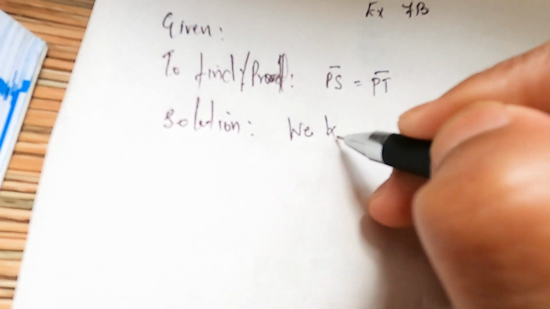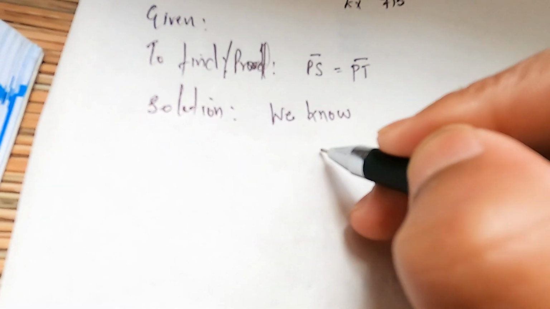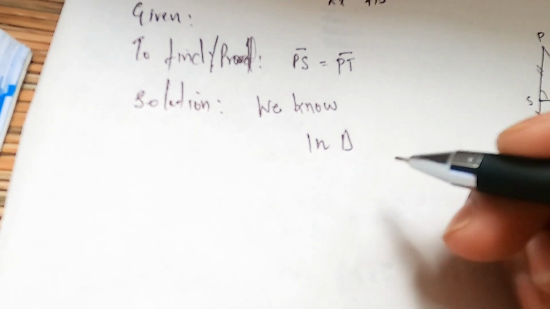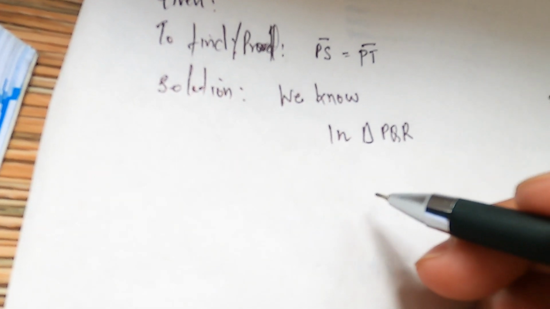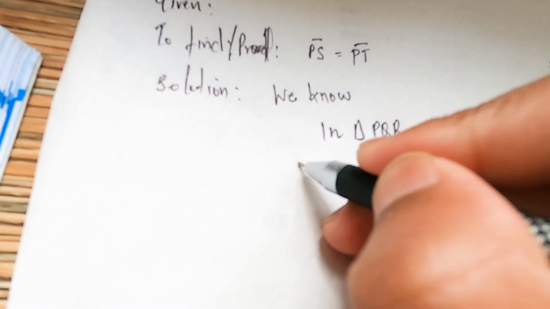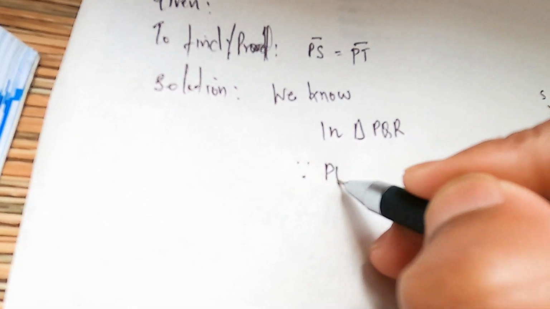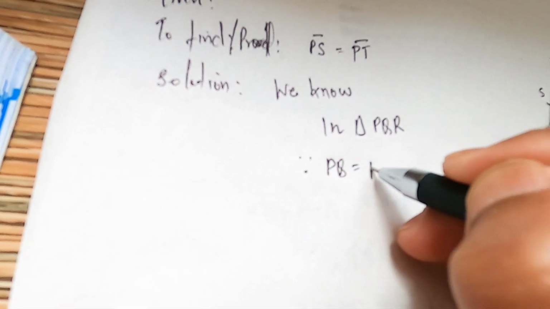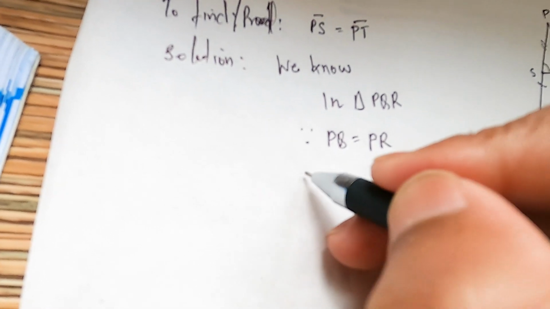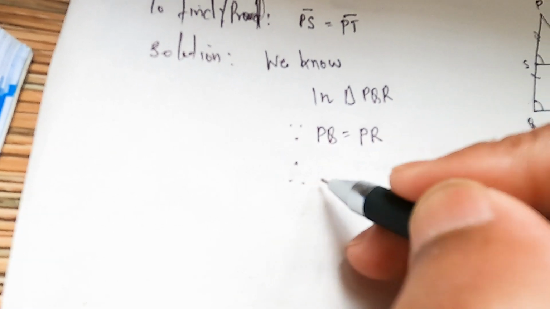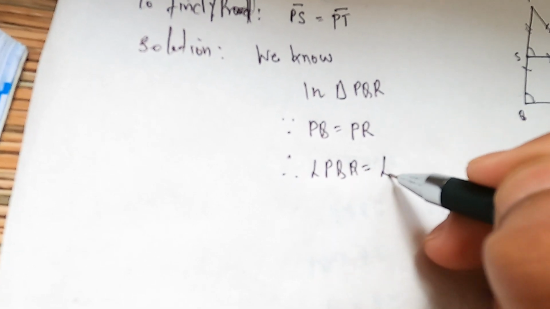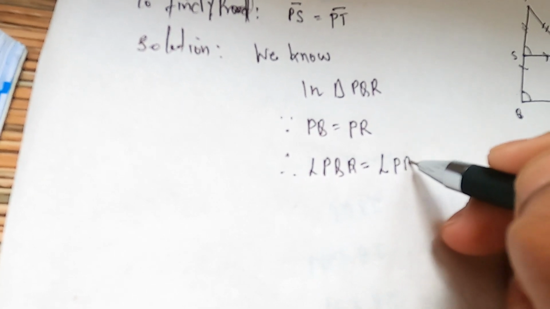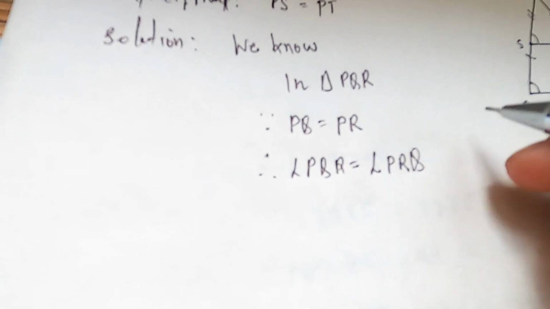We know in triangle PQR, since PQ is equal to PR, therefore angle PQR is equal to angle PRQ.